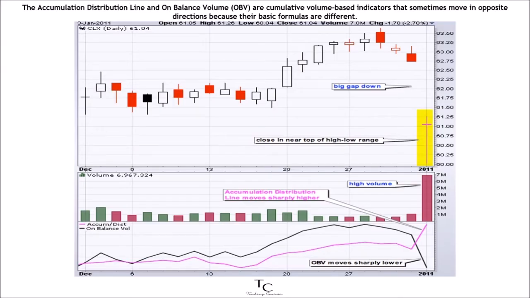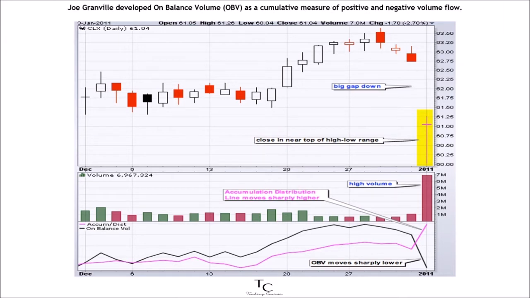The accumulation distribution line and on-balance volume, OBV, are cumulative volume-based indicators that sometimes move in opposite directions because their basic formulas are different. Joe Granville developed on-balance volume as a cumulative measure of positive and negative volume flow.